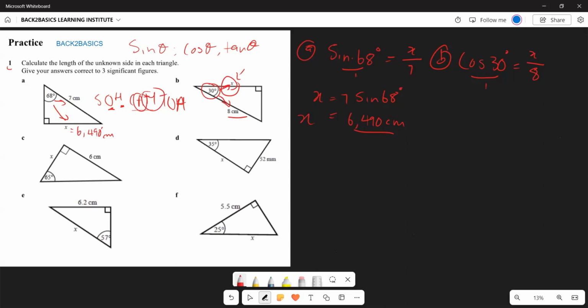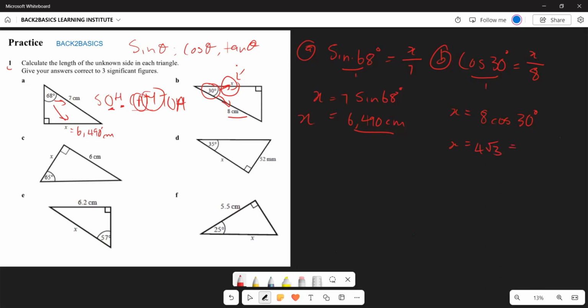Your x is going to be given by 8 cos of 30 degrees. Using the calculator, the value of your x here is 4 root 3.